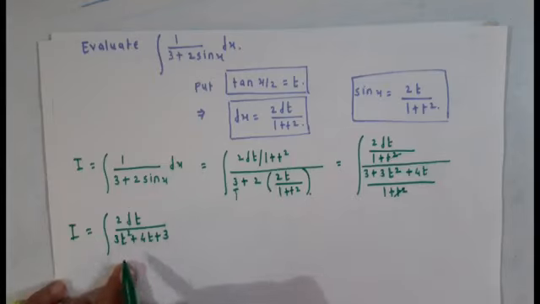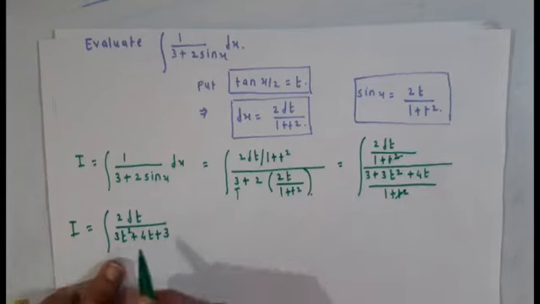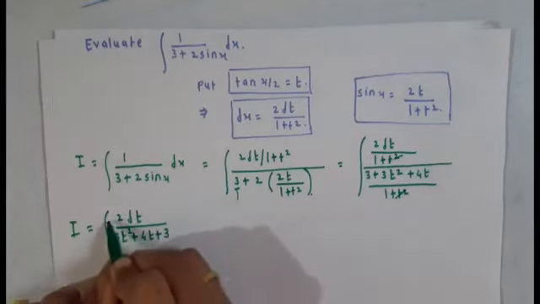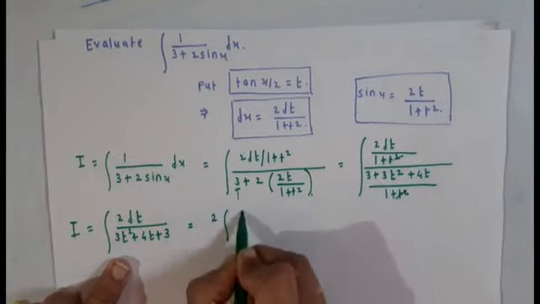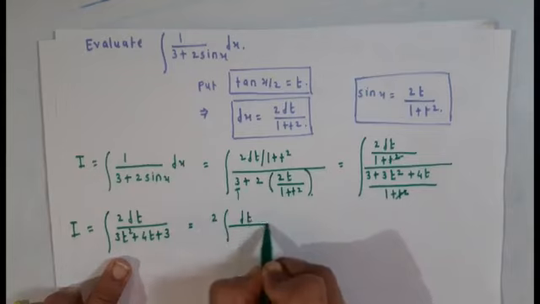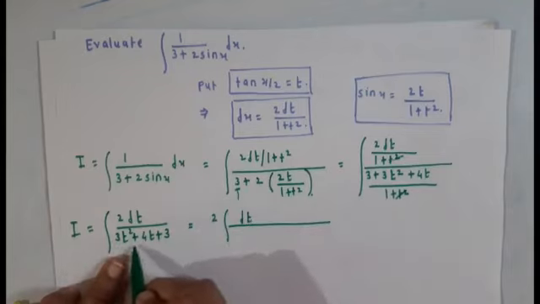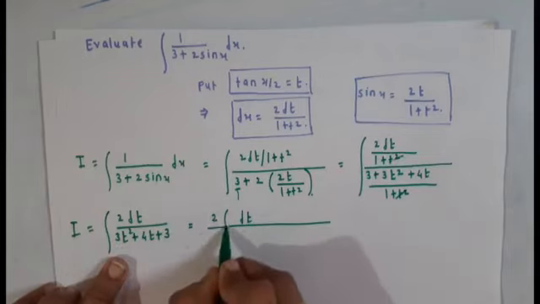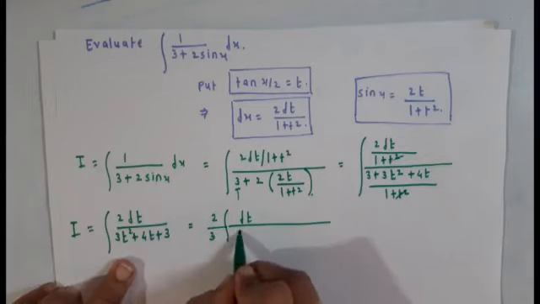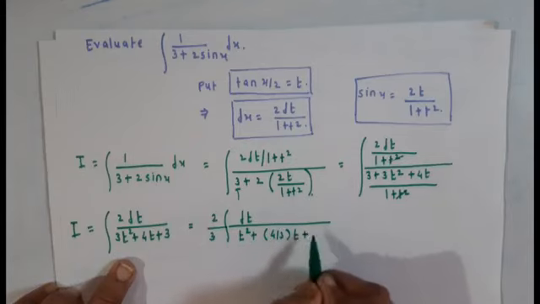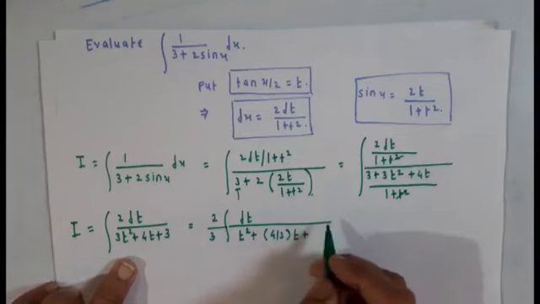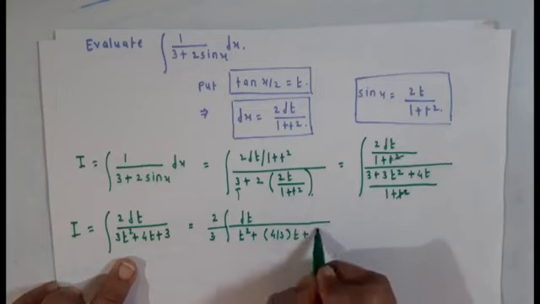Okay students, now let us take 3 common from the denominator. The 2 is constant here. That is 2 upon 3, taking 3 common from the denominator, we will get 2 by 3, that is t square plus 4 by 3t plus 3 by 3, which is 1.